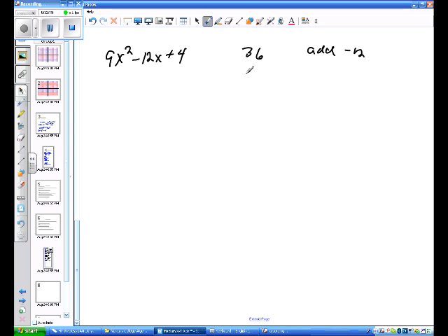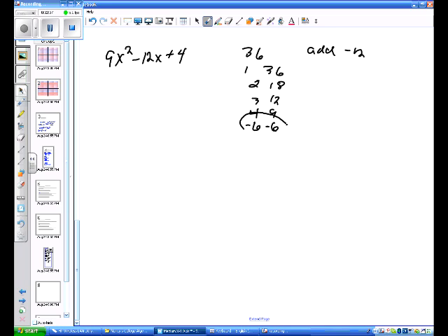Well, if we went through and listed our factors, and if you see them right off, you don't have to list them, but 1 and 36, 2 and 18, 3 and 12, 4 and 9, 6 and 6. Those are the ones that add to be 12, and that have to both be negative.